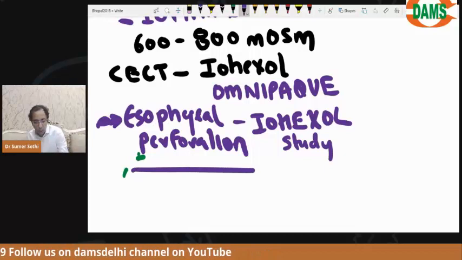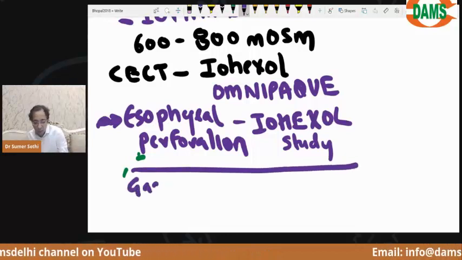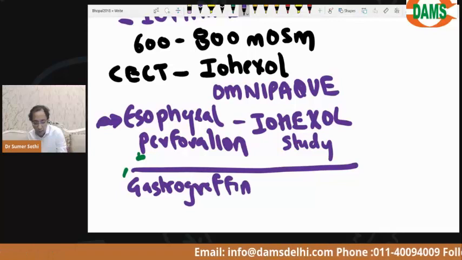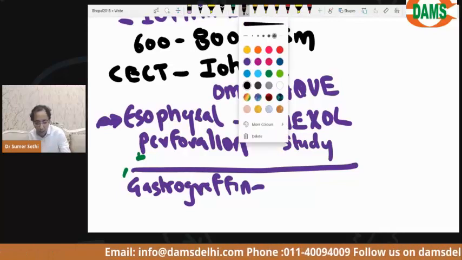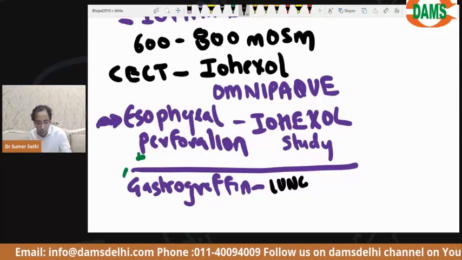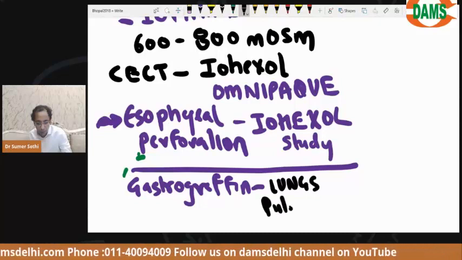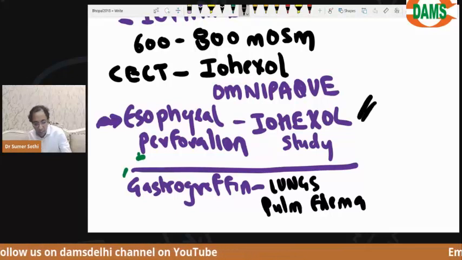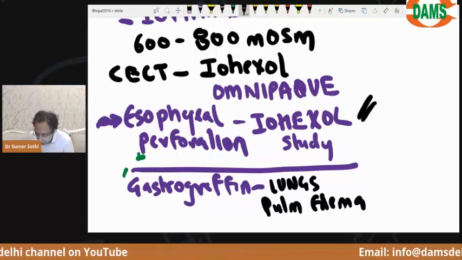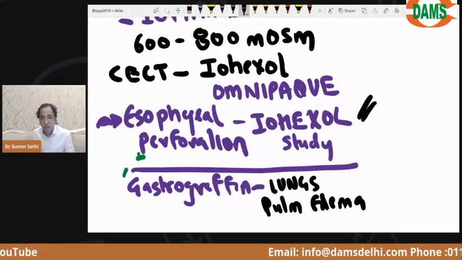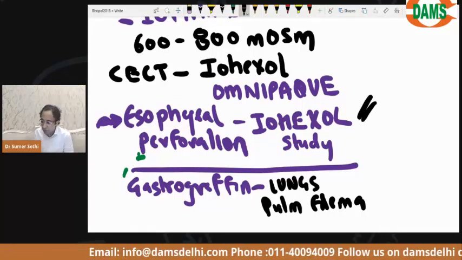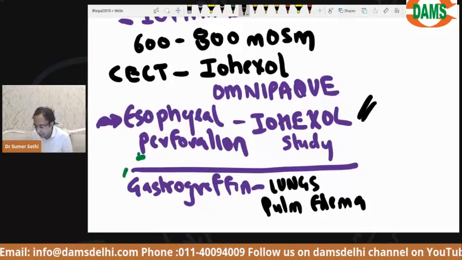We prefer an iohexol study because if gastrographin is aspirated into the lungs, it will lead to pulmonary edema. That is the difference in the answer. In bowel perforation, please prefer a gastrographin study. In esophageal perforation, please prefer an iohexol study.